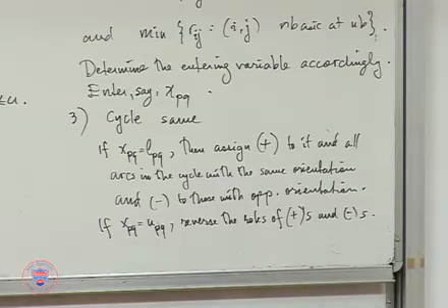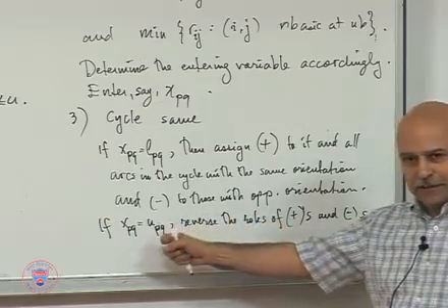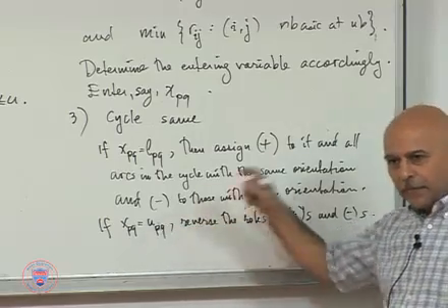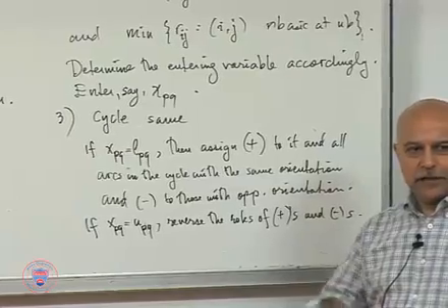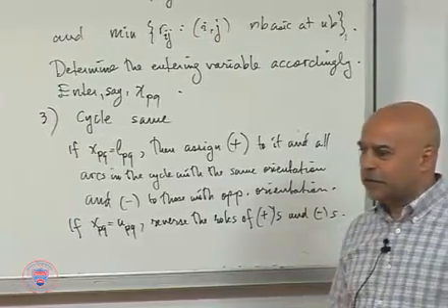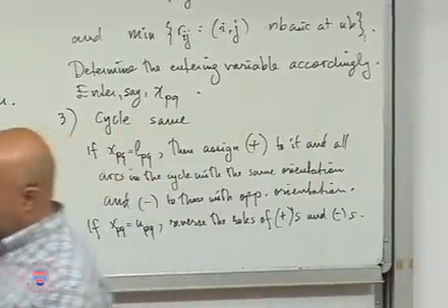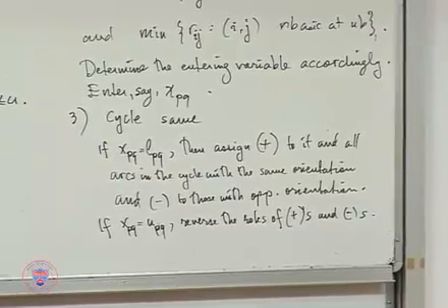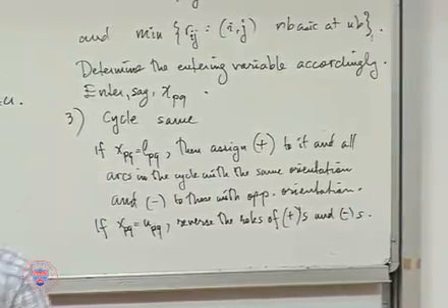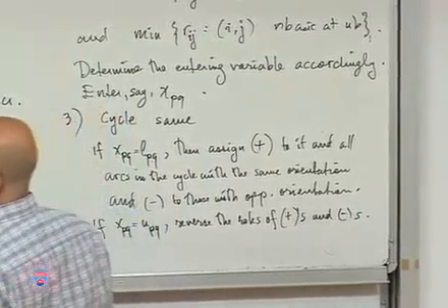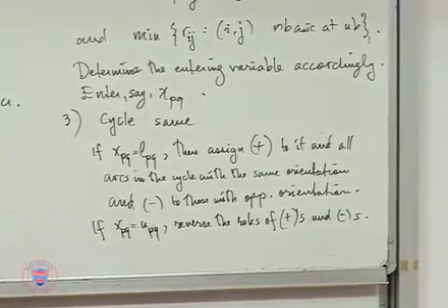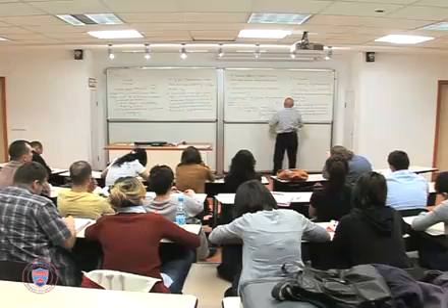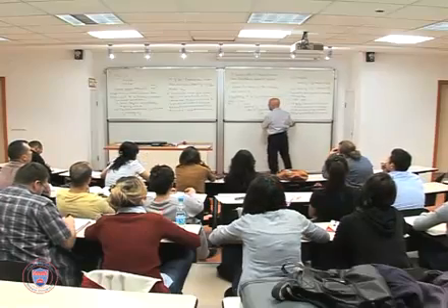Which is a short way of saying that you assign minus label to the incoming one, as well as all those that have the same orientation, and plus label to the ones that have the opposite orientation. Anything else that needs to be done? Okay, so that's step 3. Do I have a step 4 somewhere? Okay. Okay, so let me continue here.